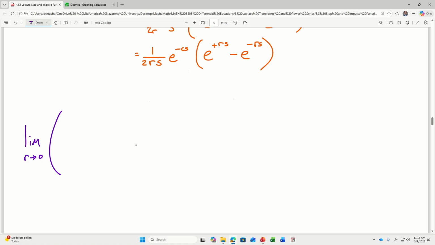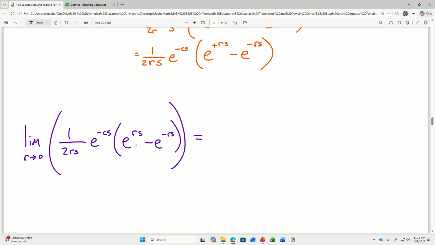The sine and the cosine makes it slightly easier if you take those derivatives and you happen to know the values of sine and cosine, but maybe it's also easier if you just leave them as e's, because those are easy derivatives as well. So if I take the limit as r approaches 0 of this whole expression, 1 over 2rs times e to the negative cs times e to the rs minus e to the negative rs, I could first of all take everything that doesn't include an r out of the limit.